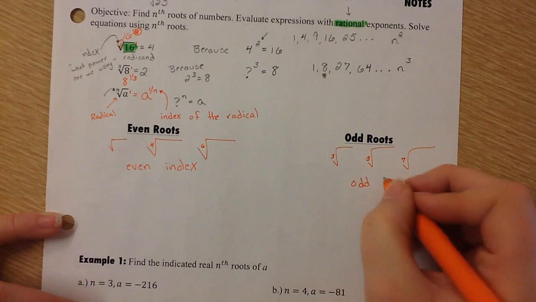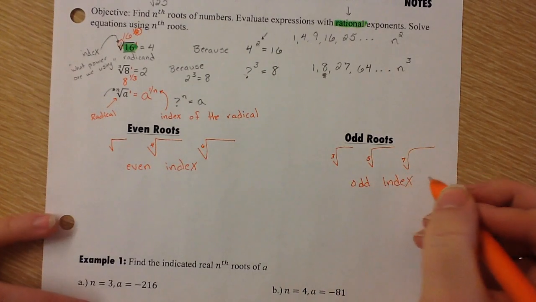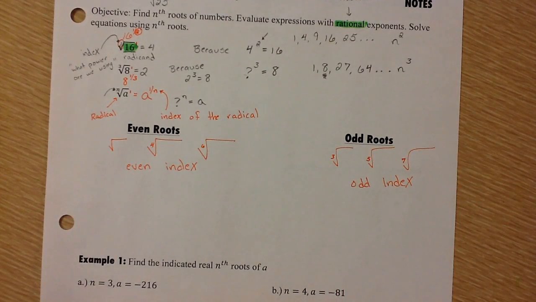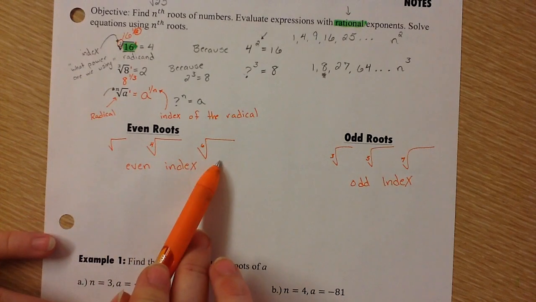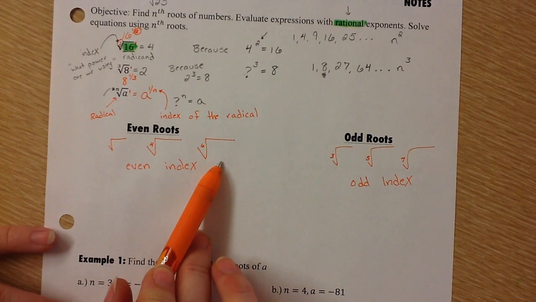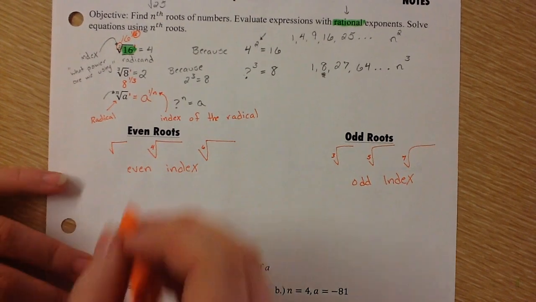The reason we divide them into two different groups is because you can't take an even index of a negative number and have it be real.